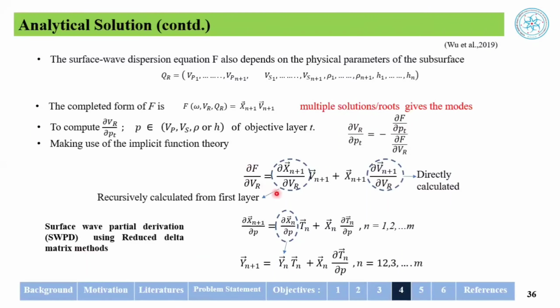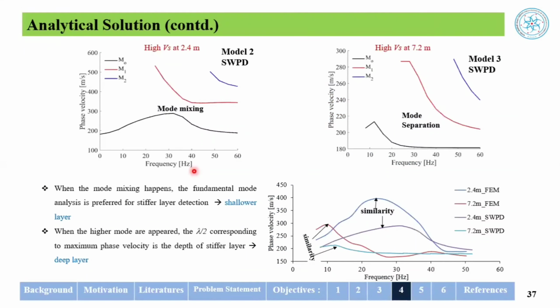From the analytical solution we observed the fundamental mode approaching towards the first higher mode, and in the case of the high VS layer at 7.2 meter depth, it is well separated. As the surface wave partial derivative works on linear convergence, we have not compared the exact magnitude, but we are getting similar trends for the solution obtained from the finite element simulation as well as the surface wave partial derivative equation.